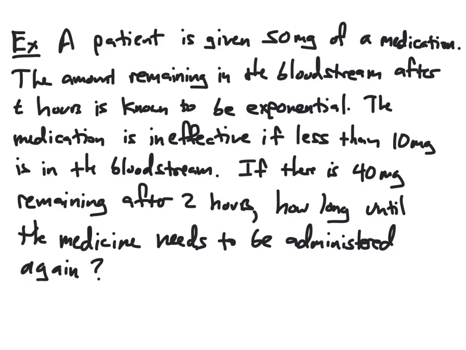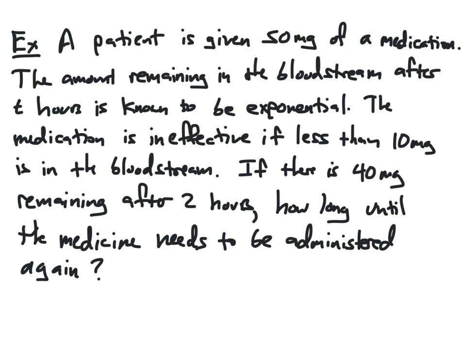Here we take a look at one more example of an exponential decay model that is not a radioactive decay problem. In this example, a patient is given 50 milligrams of some medication, and it is known that the amount remaining in the bloodstream after t hours is exponential. The medication is ineffective if less than 10 milligrams is in the bloodstream at a given time.